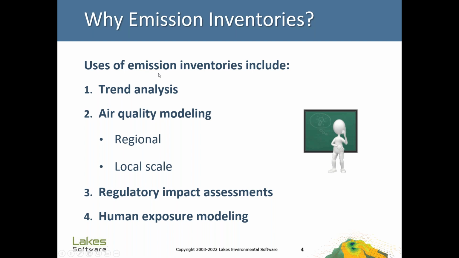And the emissions are important for air toxic analysis. They're important also for reporting to greenhouse gas systems that will evaluate how much is being reduced in terms of greenhouse gases for climate change.